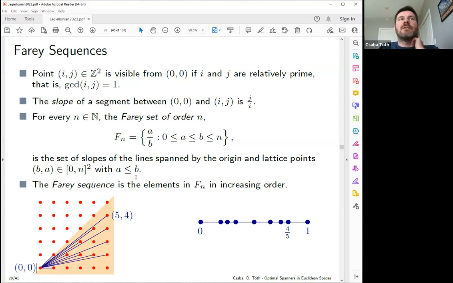Typically it's set up only in 1/8 of the plane, with the assumption that a over b, where a is less than or equal to b, is up to n. Visually that means that we have slopes between 0 and 1. Farey sequences have many fascinating properties and have been studied in number theory for a long time.